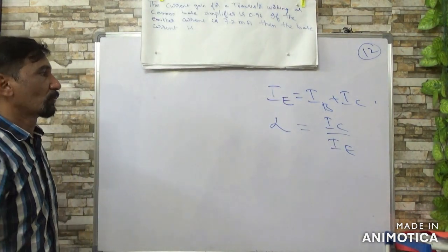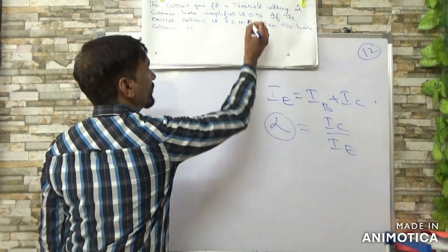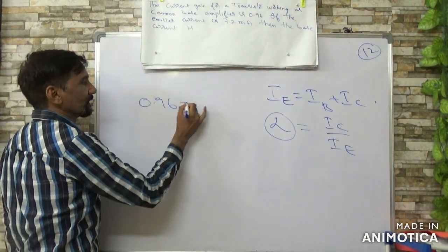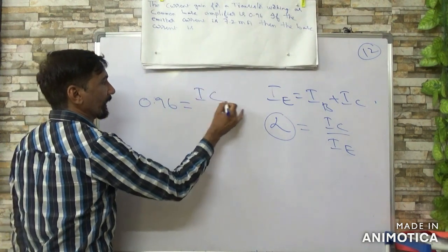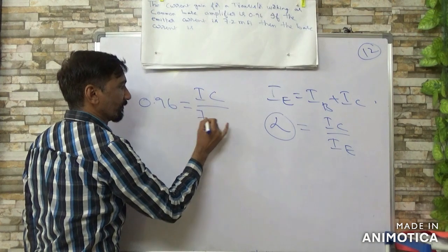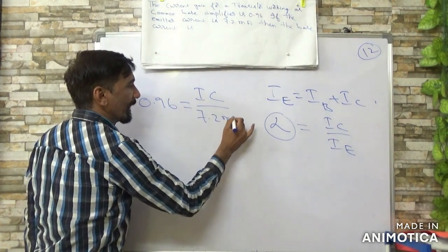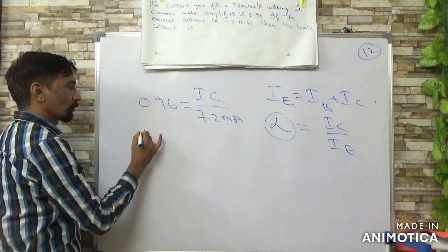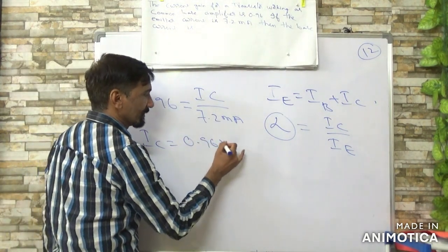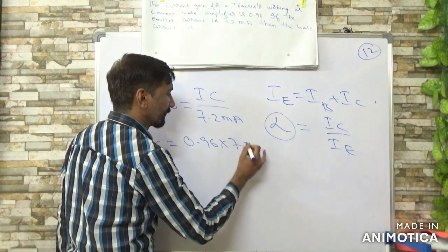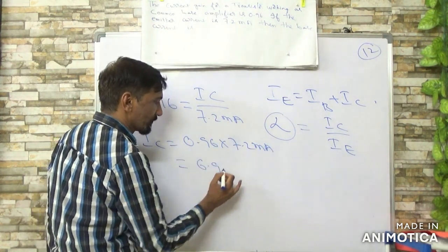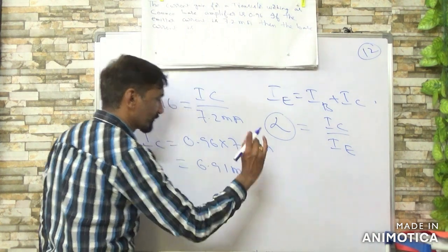Now, according to this problem, alpha value is given. No? 0.96 equal to collector current by emitter current, known in this problem 7.2 milliamp. Okay? So collector current will become this 0.96 into 7.2 milliamps now. So you get around 6.91 milliamps of current.